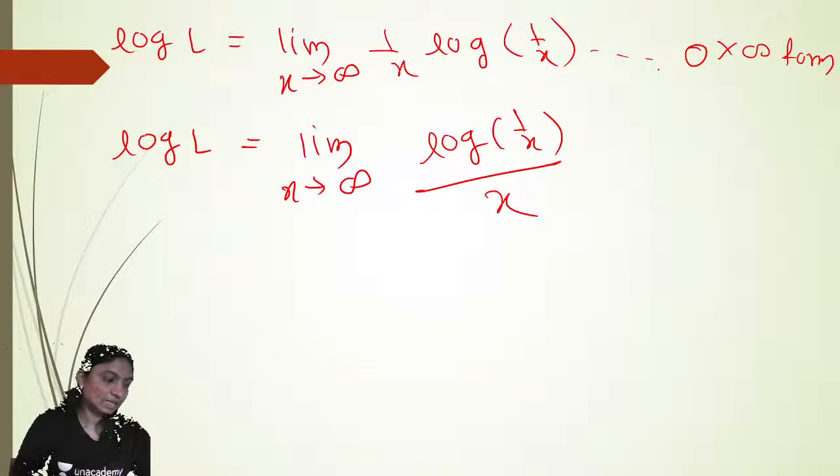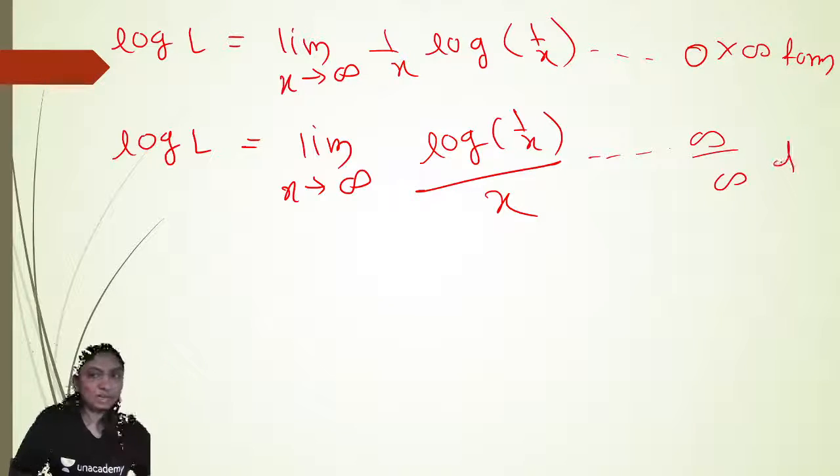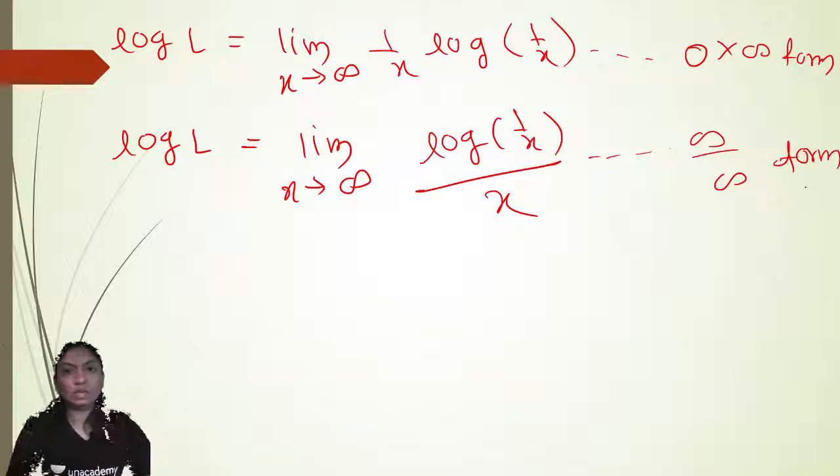So limit as x tends to infinity, log of 1 upon x upon x. Now put limit as x tends to infinity. Log infinity is infinity, log 0 is infinity. So here infinity upon infinity form. Clear?